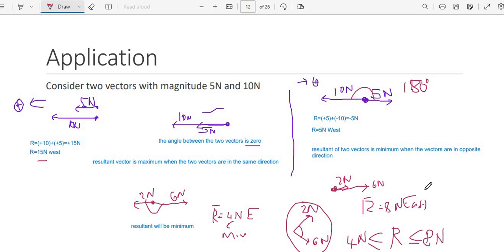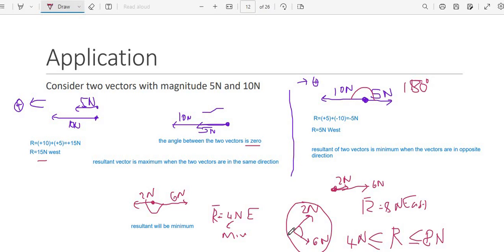So the resultant of two vectors is always a number between the minimum value, which we get when the two vectors are opposite each other, and the maximum value, which we get when the vectors are along the same direction. The resultant here will be any value from 4 to 8. So what it means is the resultant of these two vectors can never be 3, can never even be 9. It can never even be 8.1.